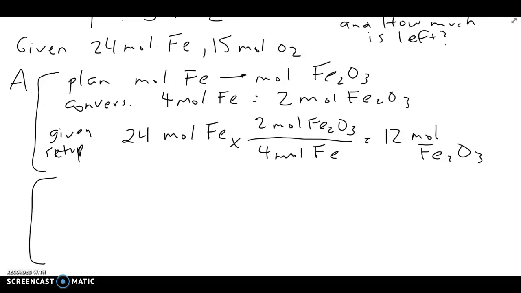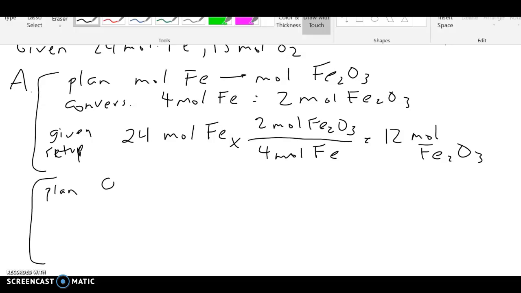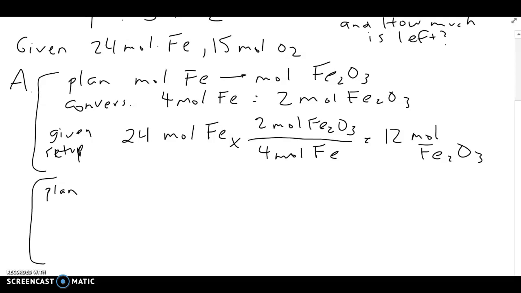Okay, our second problem. Our plan is then moles of oxygen, moles of O2, yielding moles of Fe2O3.